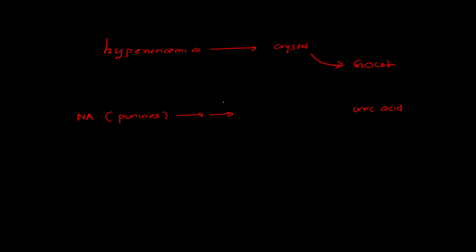I'm not going to elaborate much, but there is something called xanthine, then hypoxanthine, and then primarily it breaks down to form uric acid. The breakdown of the xanthine molecule is dependent on an enzyme known as xanthine oxidase.